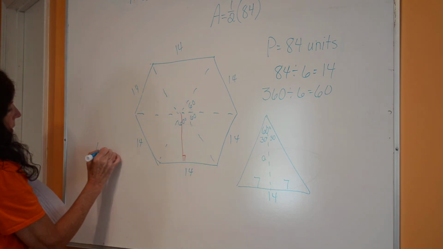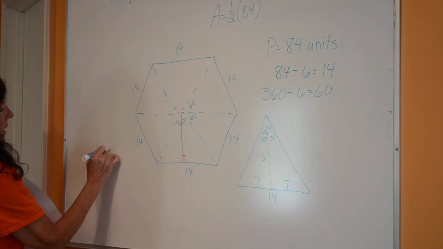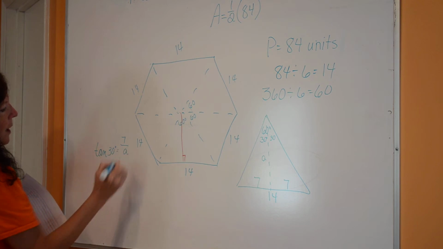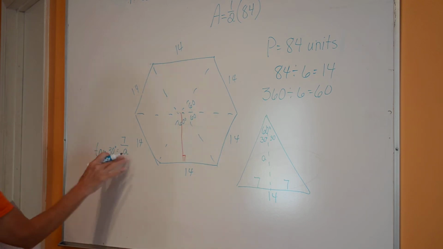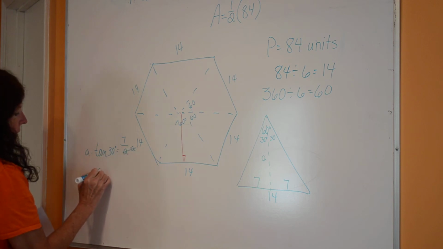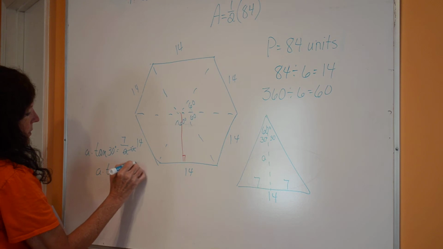The tangent of 30 degrees is opposite, which is 7, over the apothem. So I'm going to multiply both sides by a to get the a off the bottom. So I have a times the tangent of 30 is equal to 7.